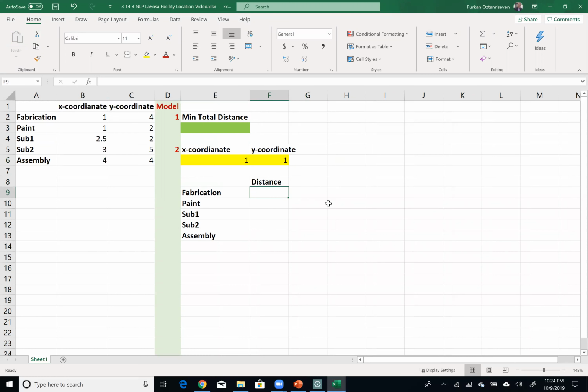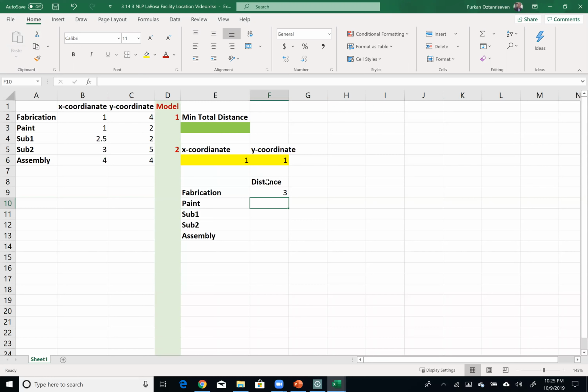The distance between fabrication and that toolbin is going to be the square root of, in parentheses, 1 minus 1 squared plus, in parentheses, 4 minus 1 squared, and close the parentheses, square root. The square root of this will obviously be 3.